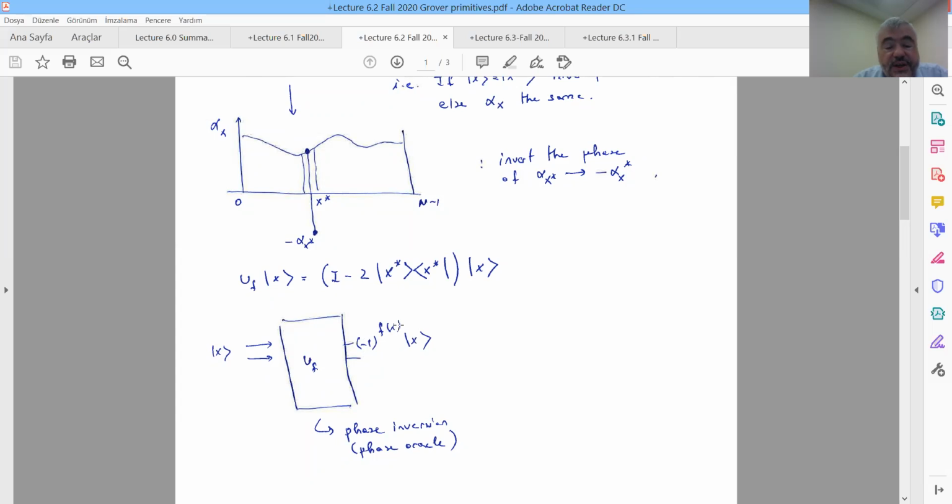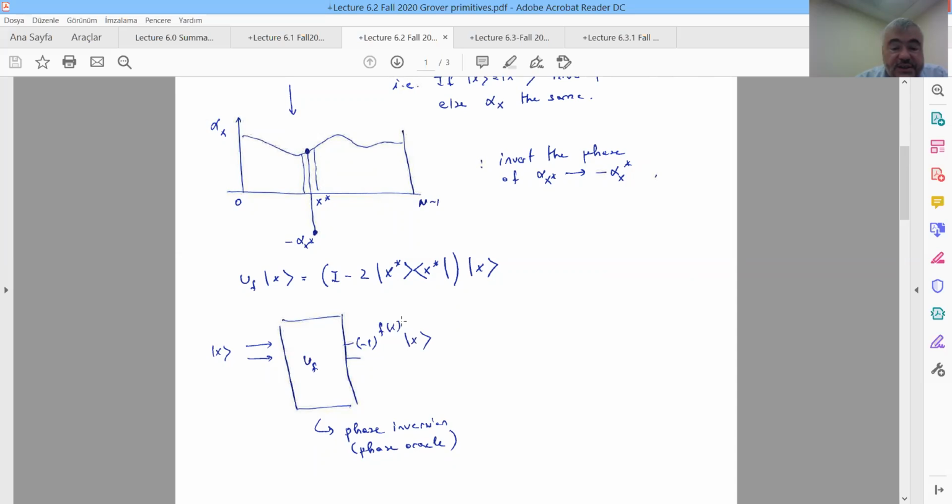So if f of x equals 1, in other words, if we have the solution we are looking for, minus 1 to the 1 gives minus ket x star. It inverts the phase of the solution.